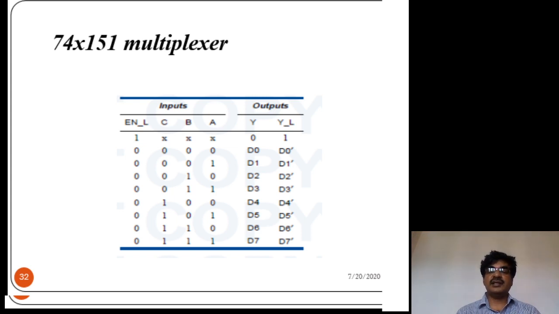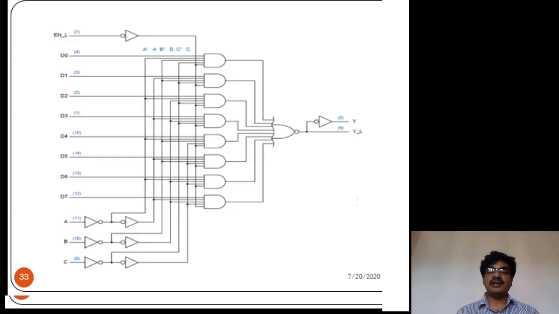Then let us see the internal logic diagram of IC 74151. In the realization of the multiplexer, you need to represent all the inputs in both true and complement form. In addition to the ABC inputs, an enable input is also there.